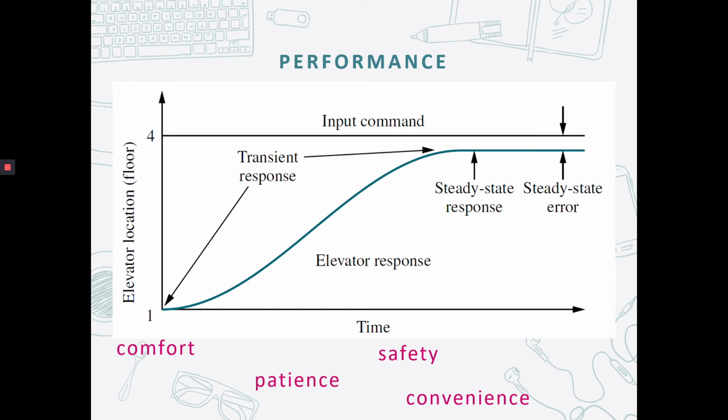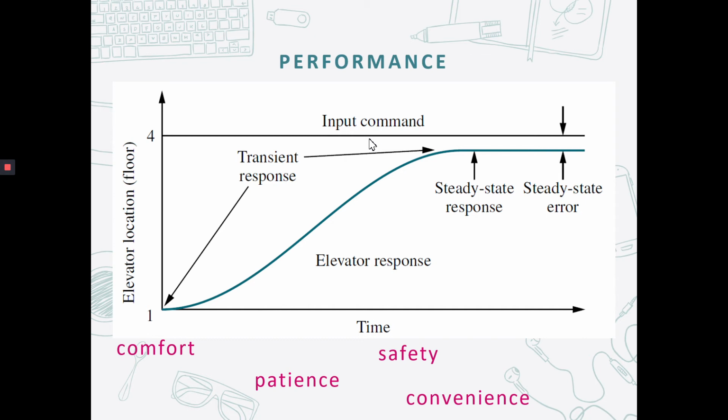The push of the 4th floor button is an input that represents our desired output, shown as a step function in this figure. So this is your input command shown as a step function.